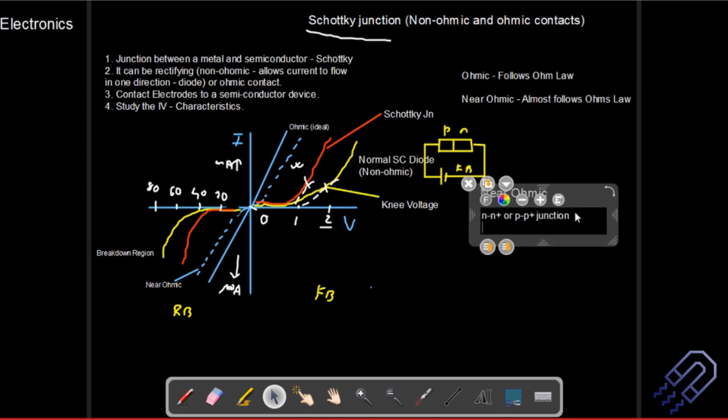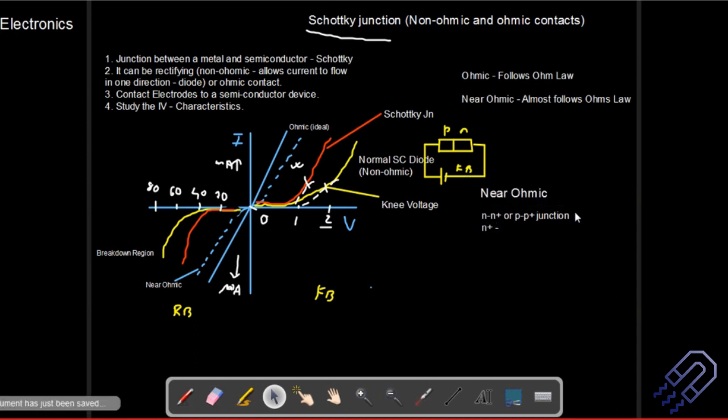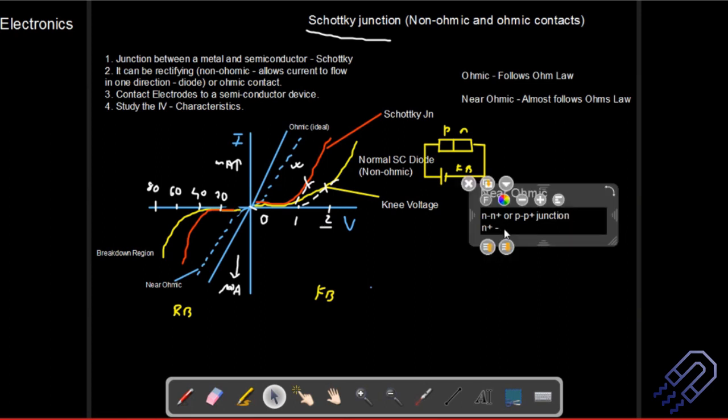What is basically the n plus and p plus junction? n plus is something which is doped with excess electrons, and p plus is doped with excess holes. I'm not going to explain how to dope it, because these things are basic semiconductor.